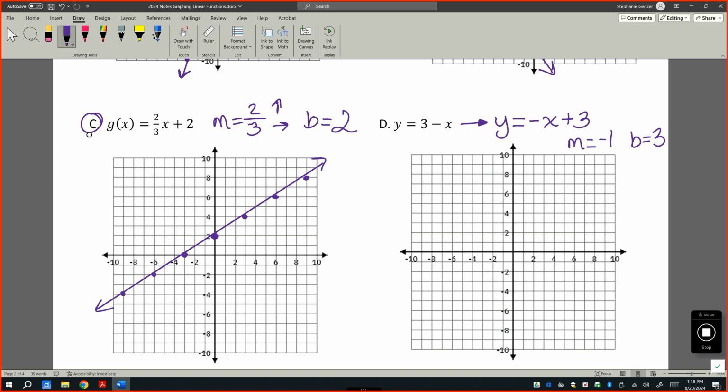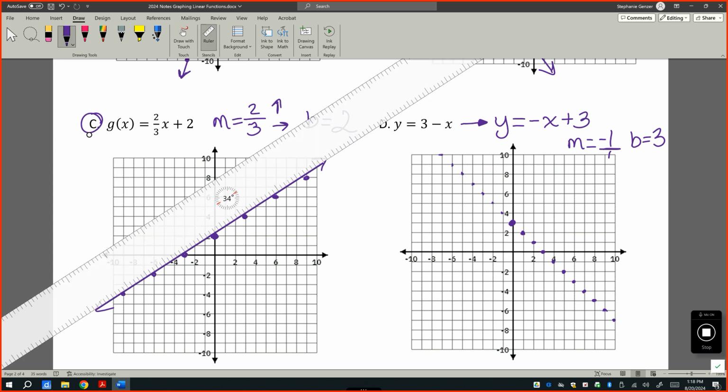So we go 3 on the y-axis, and we go down 1. And remember, if our slope is a whole number, there's a 1 underneath it. So down 1, right 1. Up 1, left 1, and there we go.